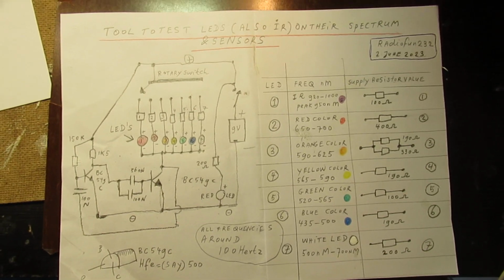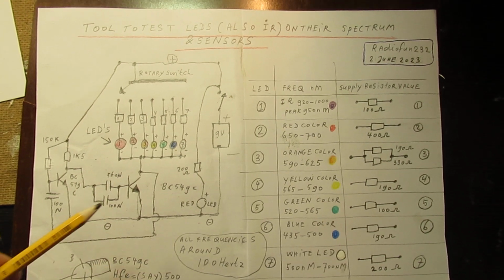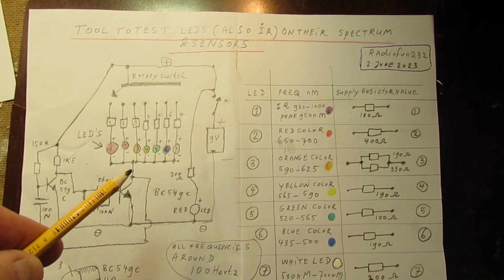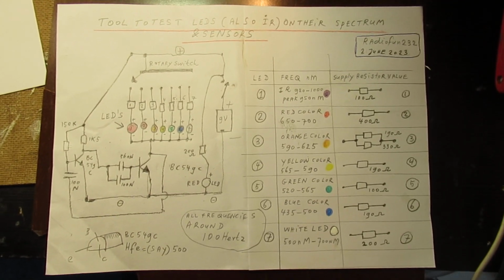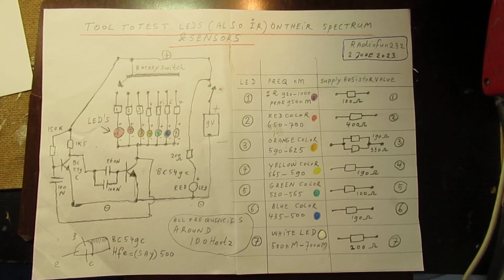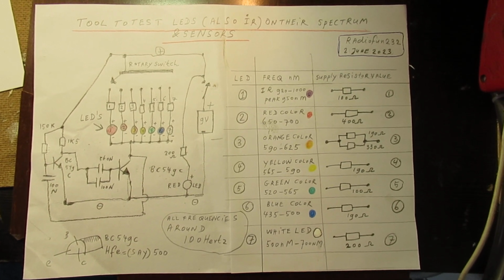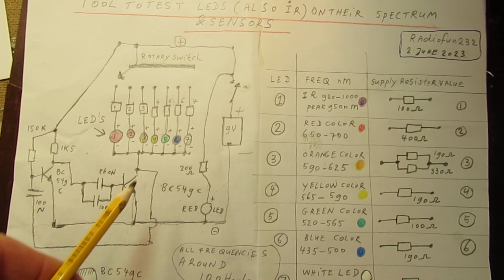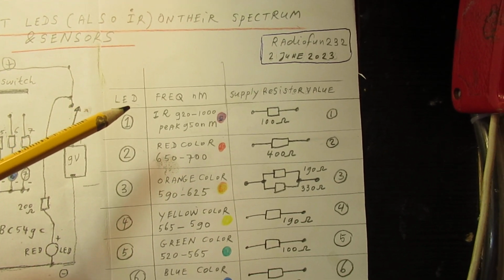And my idea was to connect all these LEDs with a switch to a multivibrator, so let them flicker at a certain frequency, and then with the help of your oscilloscope you can see, sometimes, depending a little bit on how the circuit is made, the flickering of that light in all these colors visible.